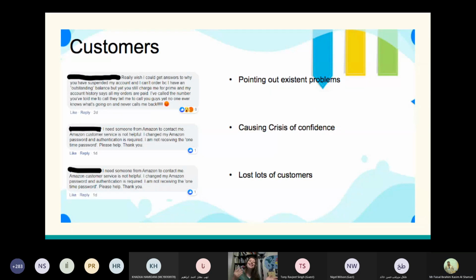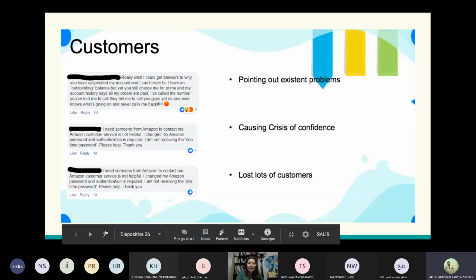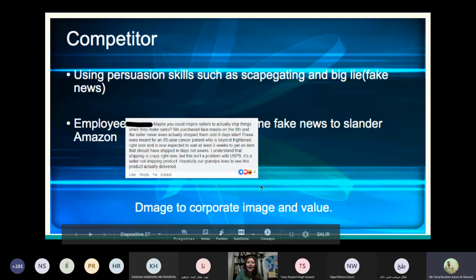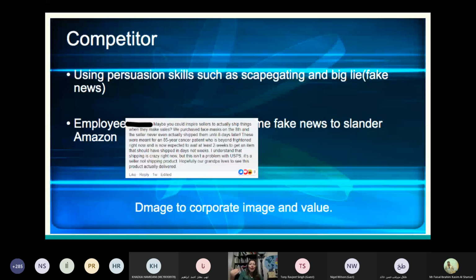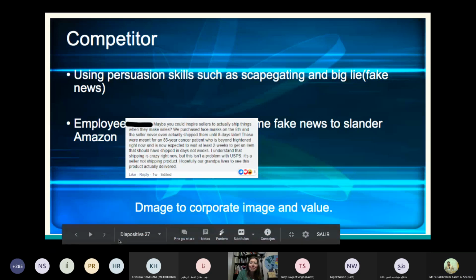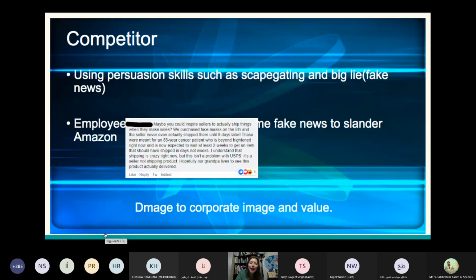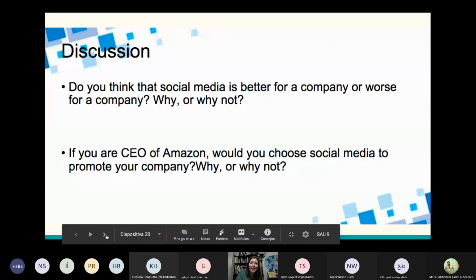So I thought that it was very interesting that they found a platform, they found a company like Amazon and looked at ways in which customers are going to engage with each other. And then finally, they also looked at persuasion skills like scapegoating and the big lie, so logical fallacy, and they found different examples of comments and perspectives.